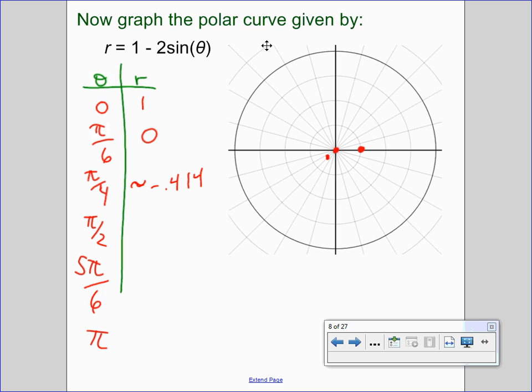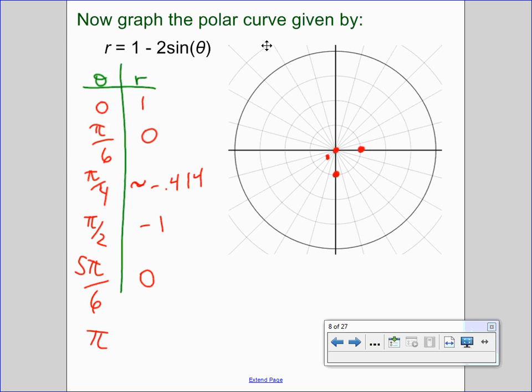Pi over 2 direction. Sine of pi over 2 is 1, times 2 is 2, and 1 minus 2 is negative 1. So in the pi over 2 direction we're going negative 1. Yes? 5 pi over 6. Oh, goodness. Sine of 5 pi over 6 is 1/2, times 2 is 1, and 1 minus 1 is 0.